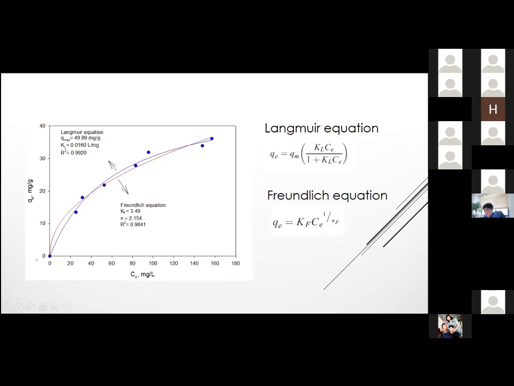So by combining this bentonite with the alginate, we can have this maximum absorption capacity or loading capacity. But without the alginate, the data is not shown here. Without the alginate, the loading capacity is lower than 50 milligram per gram.